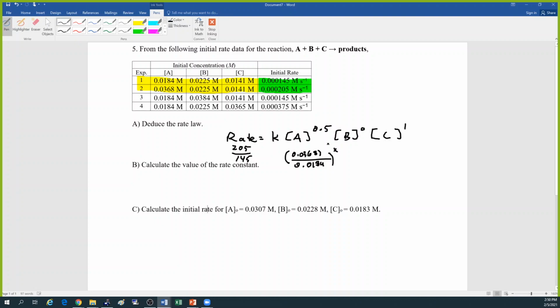So if I take the 205 and divide it by the 145, I get a number of 1.41, this ratio. When I divide these two concentrations, I get the number 2. So the problem we're now solving to get the order is 1.41 equals 2 to the x, and we're asking, what does x have to be?